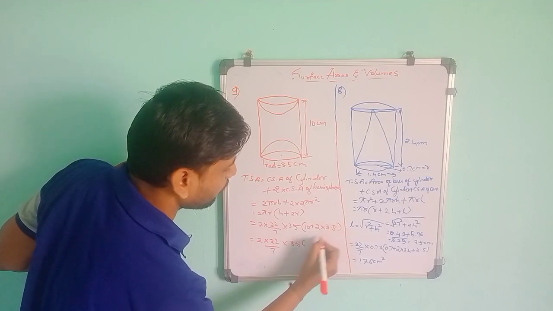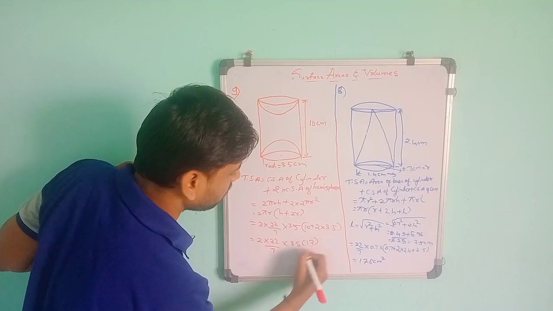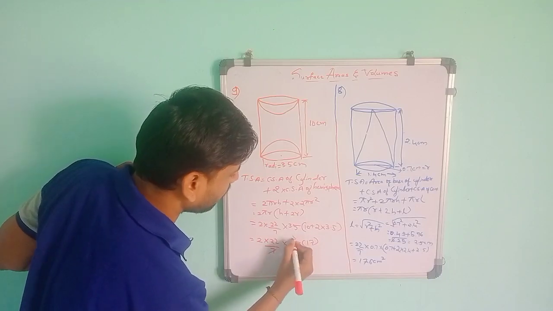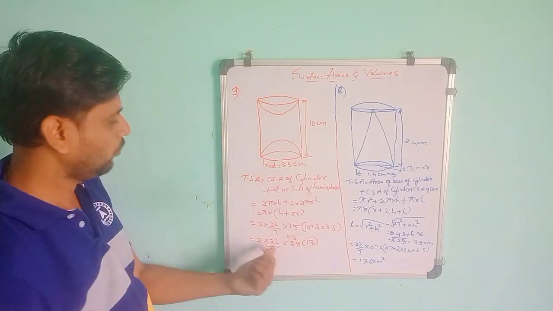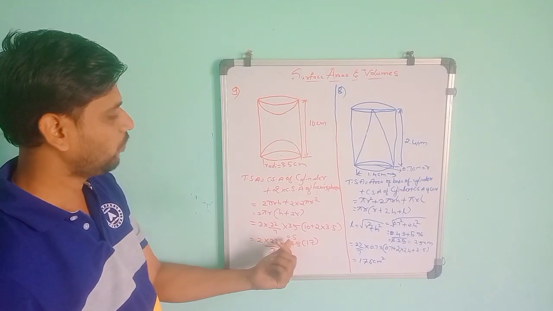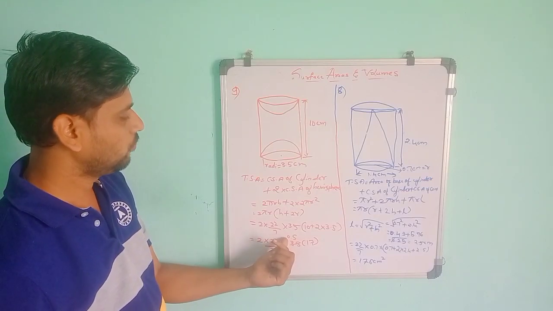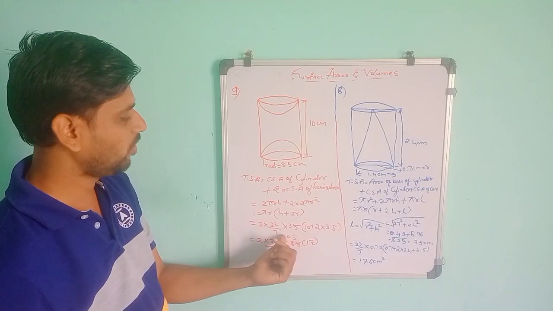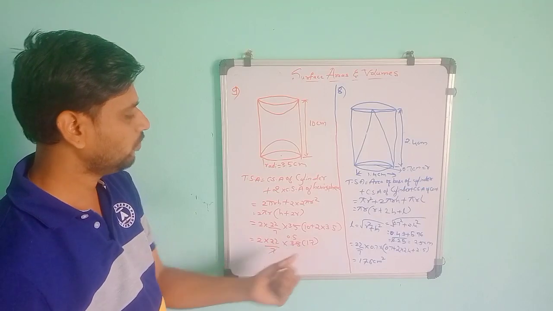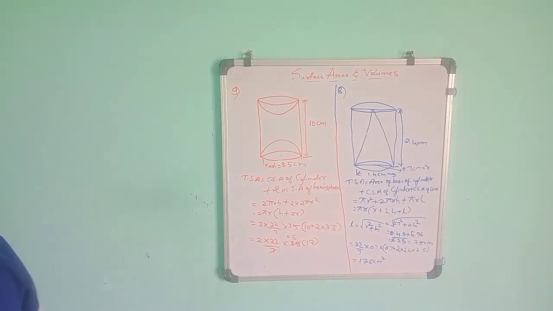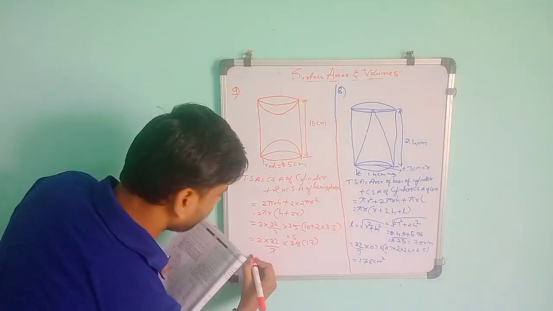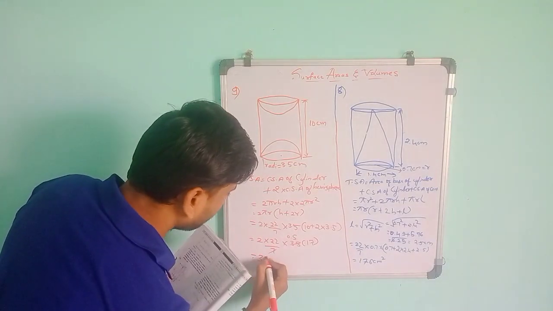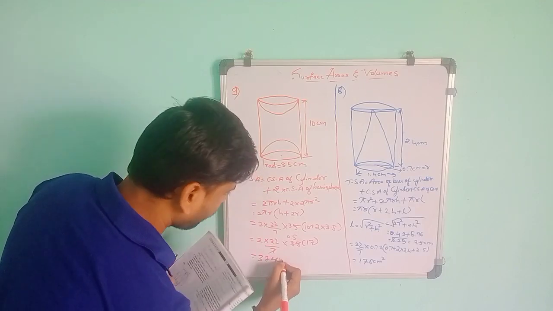3.5 double is 7, and 7 plus 10 is 17. Cancelling 7 with 3.5 leaves 0.5, so 22 into 17 gives the answer 374 centimeters square.